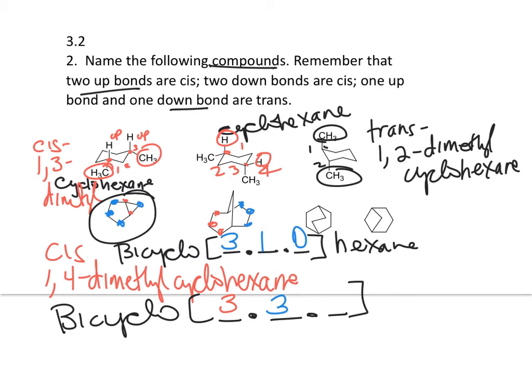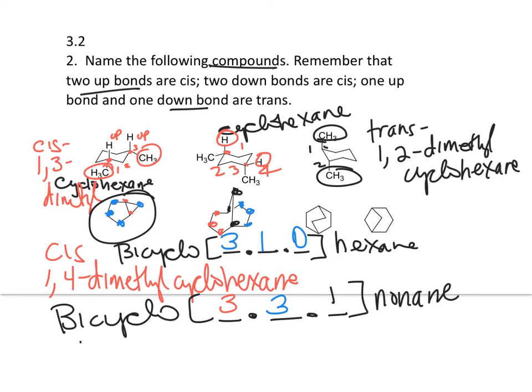Put a 3 there. And then the one in the middle is a 1. And then you add up all of the numbers of carbons. So 3 plus 3 plus 1 is 7, plus these bridgeheads where they're connected and they're shared. So 7, 8, 9. 9 would be nonane. You write nonane.